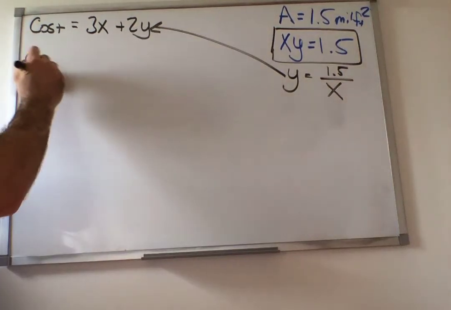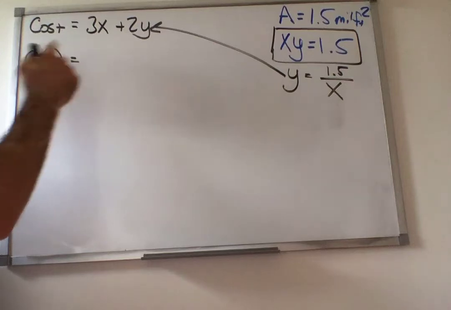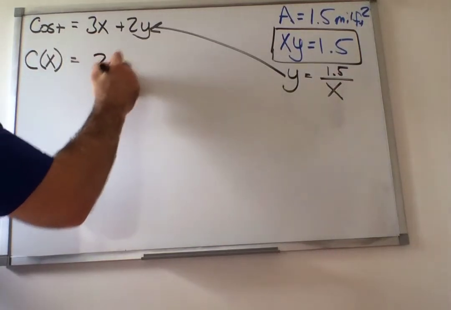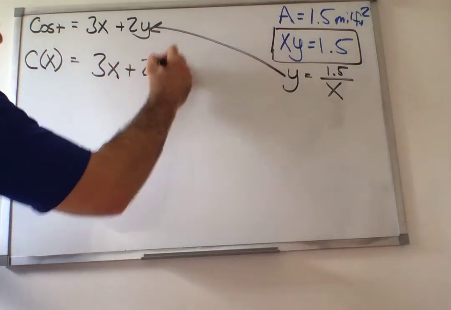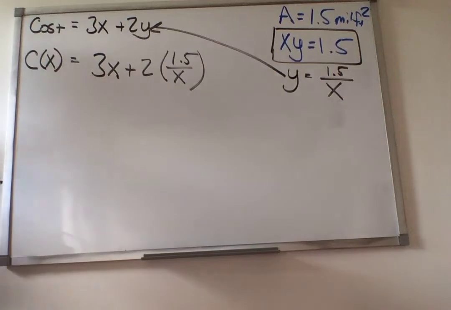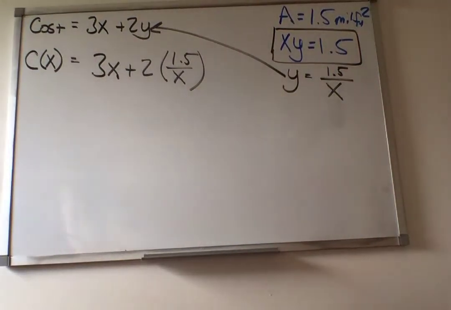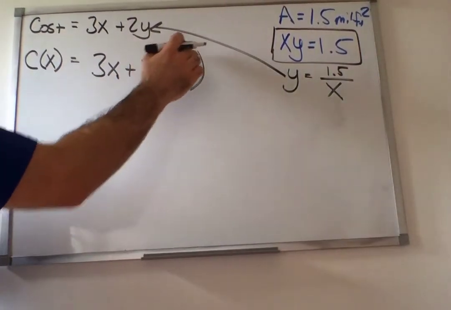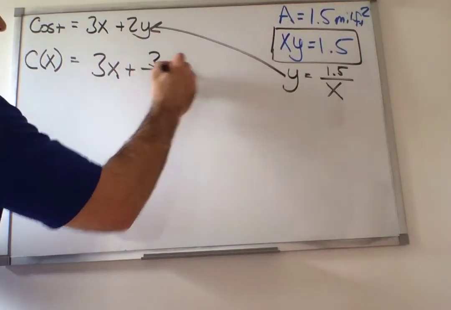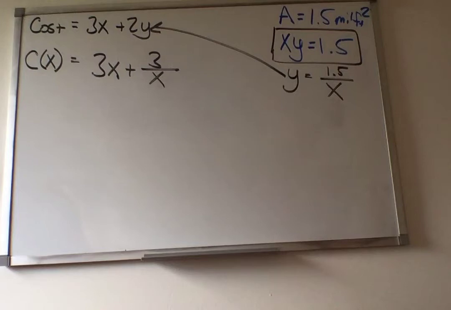So now my cost function is a function of x and only x, because this is 3x plus 2 times 1.5 divided by x. Which we could simplify it a little further. I'm not going to write another line. 2 times 1.5 is 3. So we get 3 divided by x.